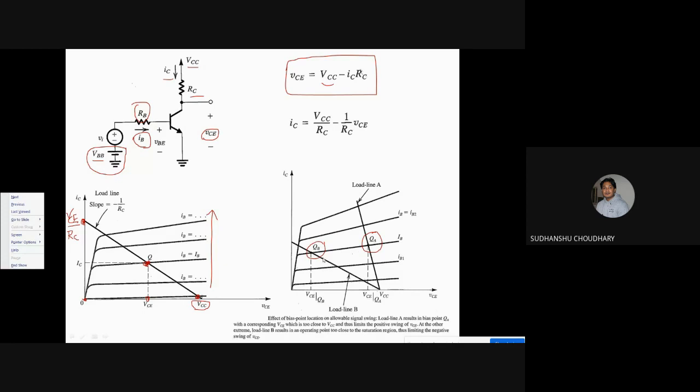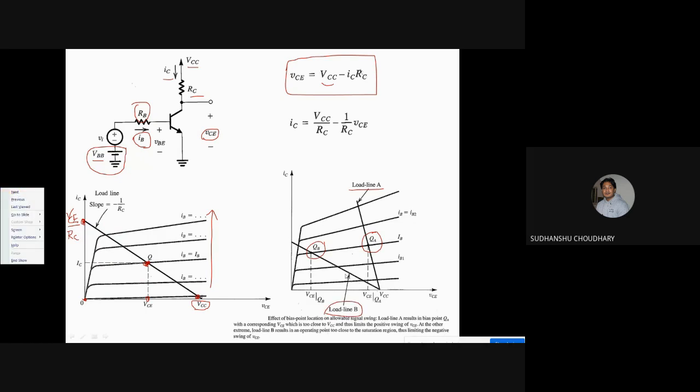Okay. So let us say that my load line also depends upon the value of this resistance RC. So the load line could have this slope, this load line A, or it could have this slope, that is load line B. So it depends upon the value of the collector resistance RC, right?